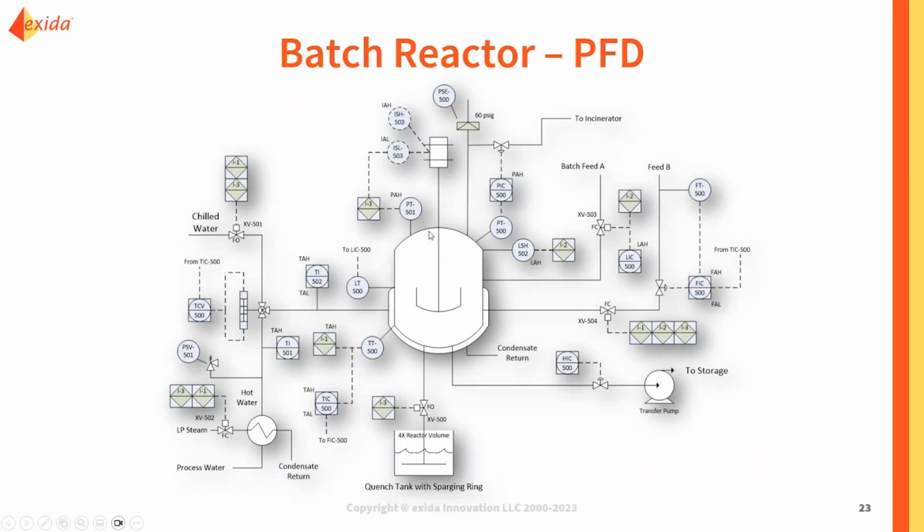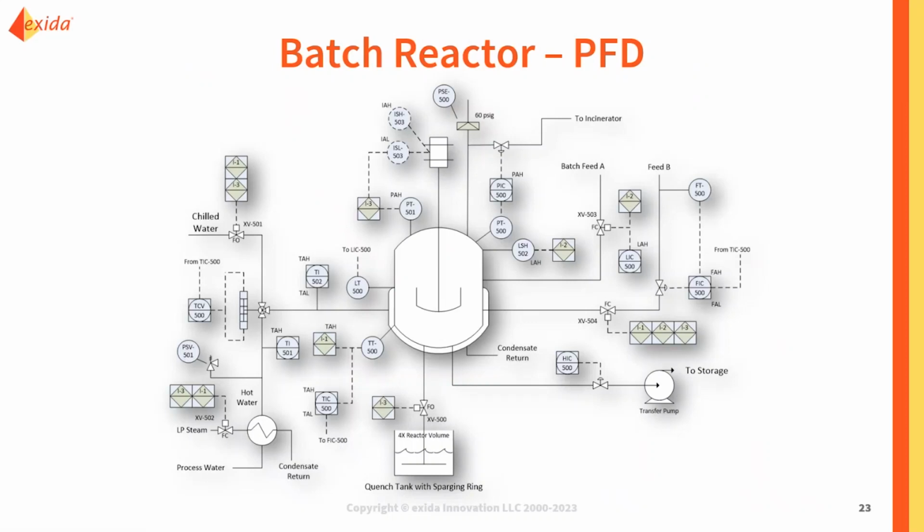And the reactor has a few pressure transmitters. So you have PT 500, which at a certain pressure is going to open this vent valve to an incinerator. You have PT 501, which if it reaches a certain pressure is going to sound an alarm. And it's also going to control an interlock 3.